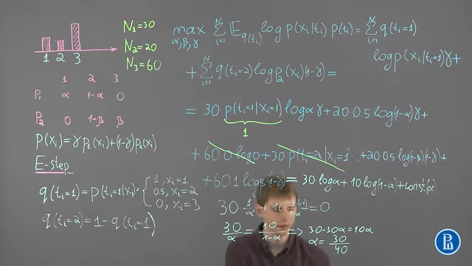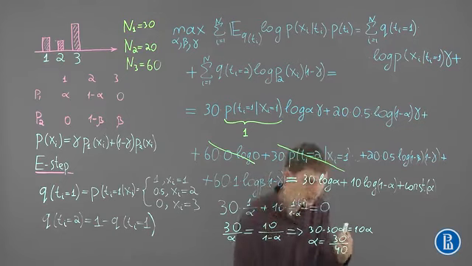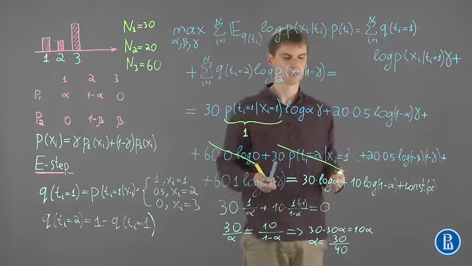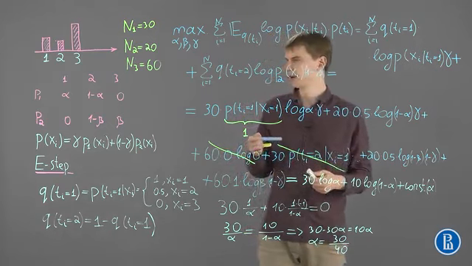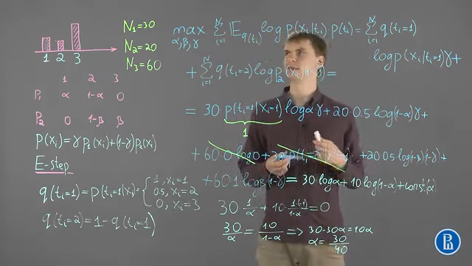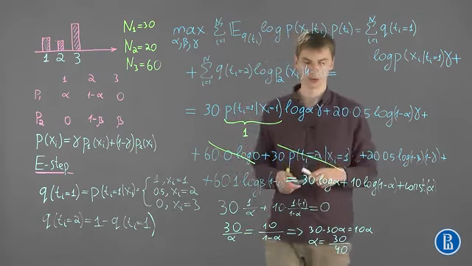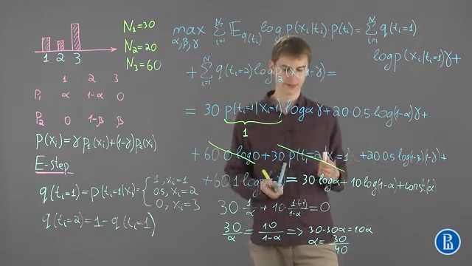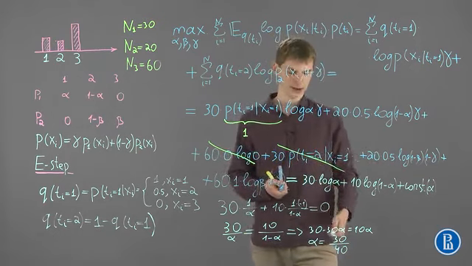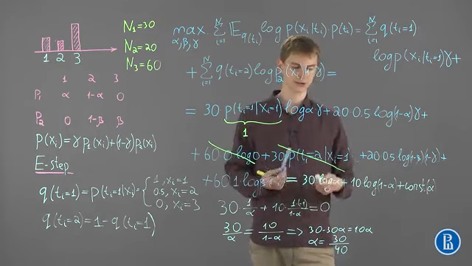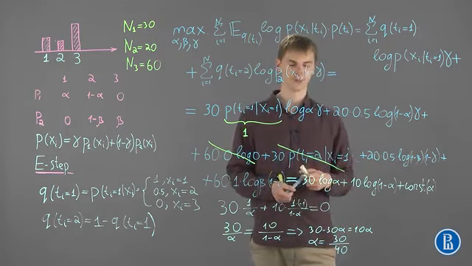So we found our alpha after the M step. So we updated the parameters of our latent variable model. We started from the initialization alpha equals beta equals gamma equals 0.5, and after one step of the expectation maximization algorithm, alpha became 3 divided by 4.